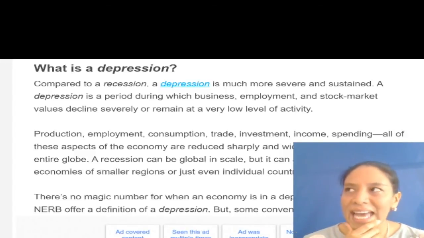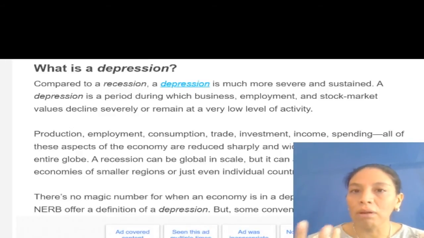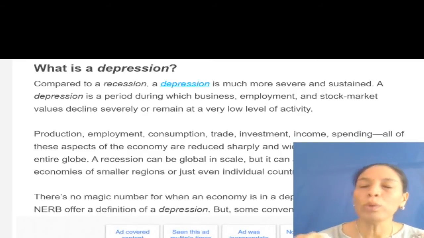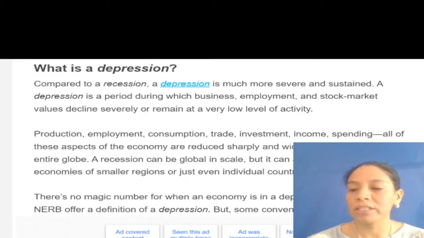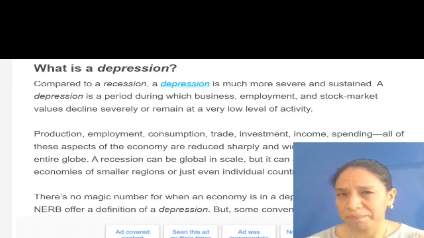Now, just as we said, when you have a sustained contraction of the economy for 2 trimesters, we have a recession. Now, we're going to see how long it takes to be considered a depression. We do not know how things are going to develop, and we don't know for sure how long they're going to last.